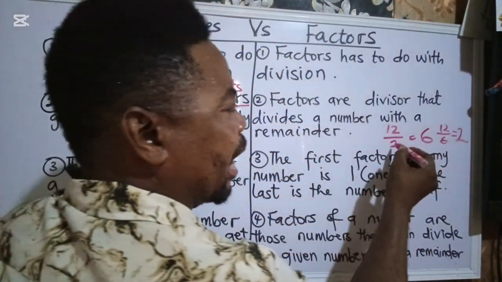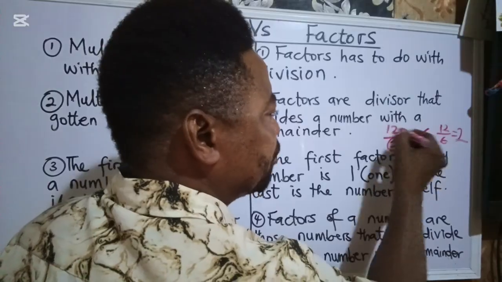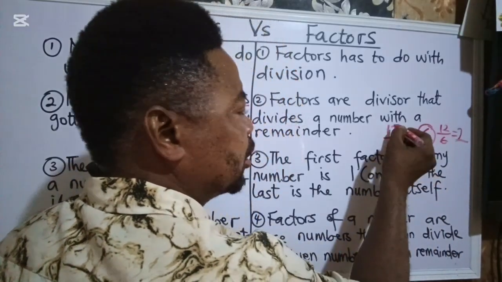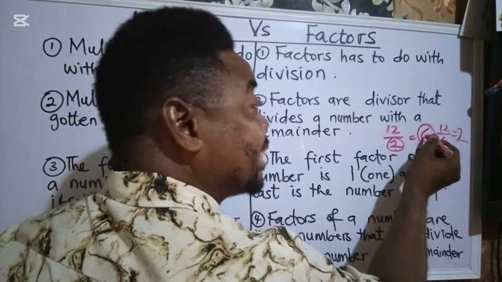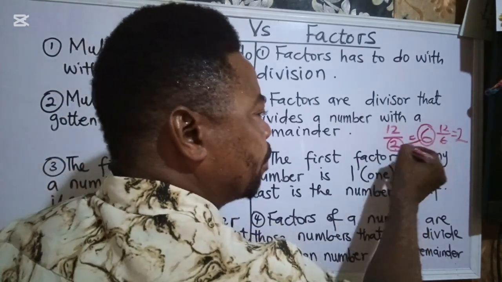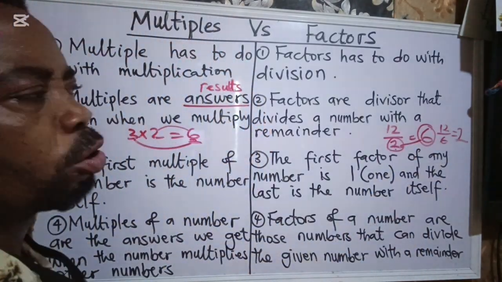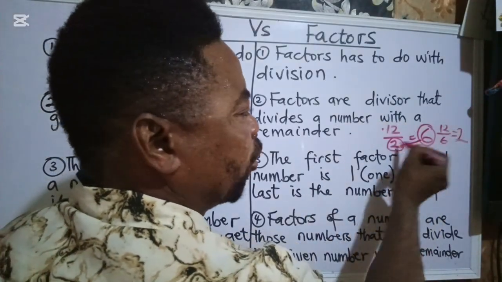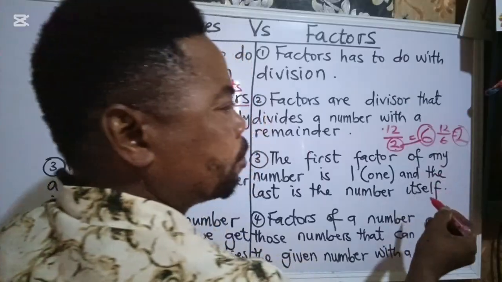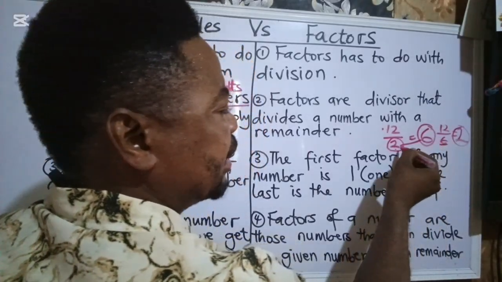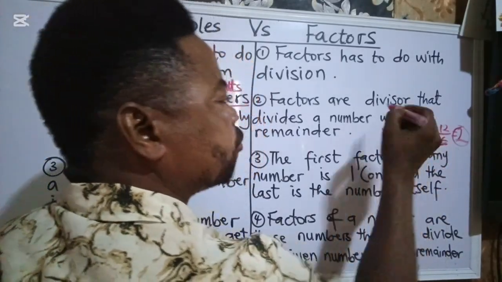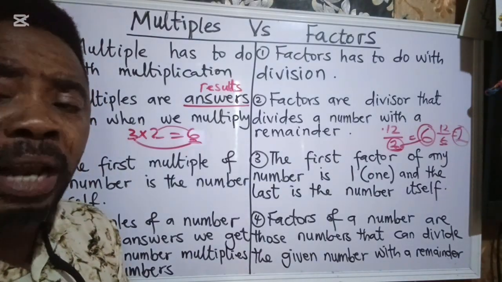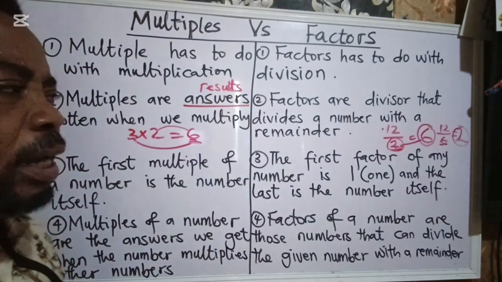So 2 divides 12 and we got 6, and 6 can divide 12 to give us 2. So 6 and 2 are factors of 12. When we go to the calculation aspect of it, we'll understand what I'm trying to say.